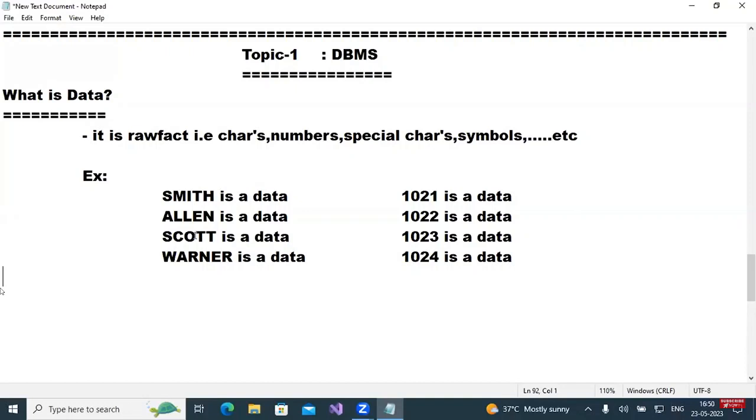So that's why people say data never gives a meaningful statement. It's impossible. Data never gives meaningful statements.